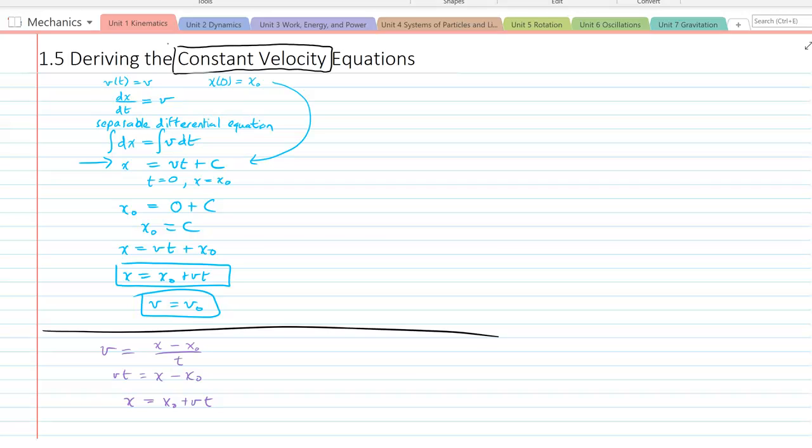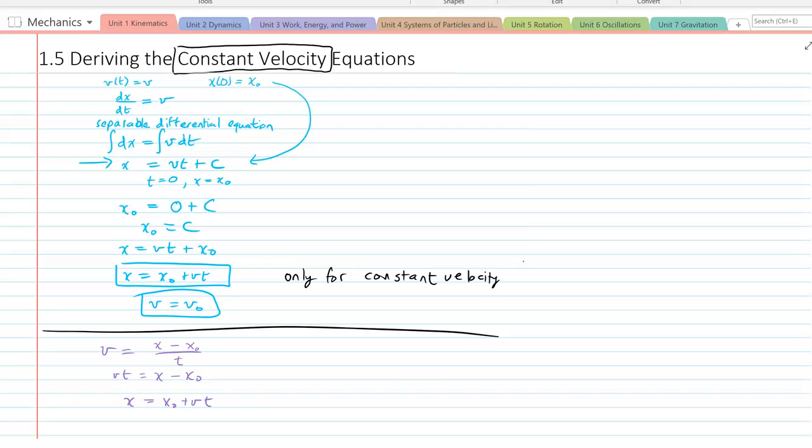The key difference is that once there's a constant acceleration, we cannot use these equations anymore. They're only for constant velocity. As soon as velocity is not constant for any time period, we cannot use this equation anymore. It's basically invalid. It will make no sense anymore.